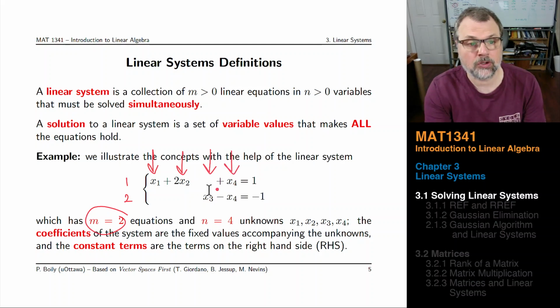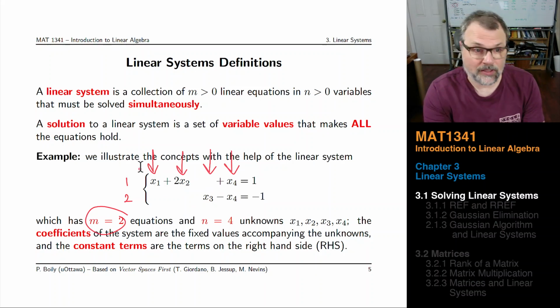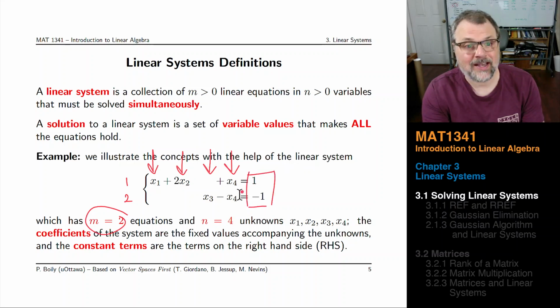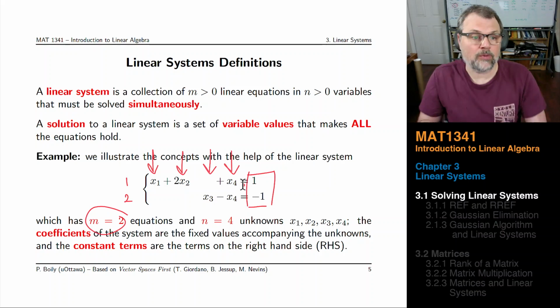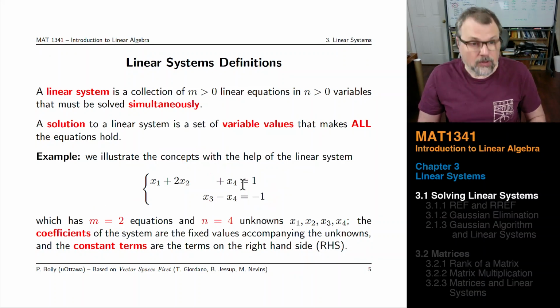It is traditional when you write those out, and you know there are going to be four unknowns, to leave an empty space if one of the variables is not represented in the equation. So typically the x1s go in the first column, x2 in the second column, x3s in the third, x4 in the fourth column, and at the very end, on the right-hand side of the equal signs, we have what we call the constant terms. So this would be a system of two equations and four unknowns.